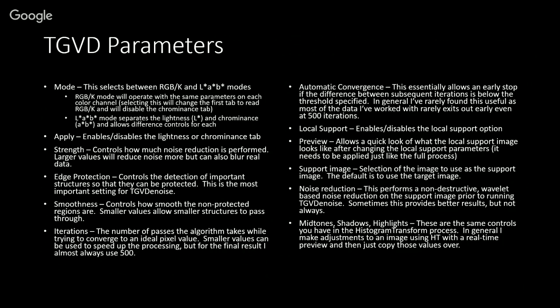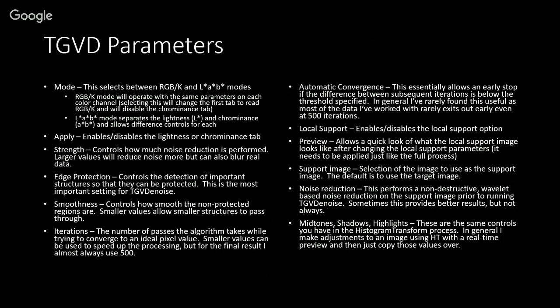Again, depending on how you are going about your noise reduction with TGV denoise, this can be set by doing an actual test on your data, or it can be used as a slider. Smoothness controls how smooth the non-protected regions are. So smaller values will allow smaller scale structures to pass through them, giving you a little more small scale noise in the background.